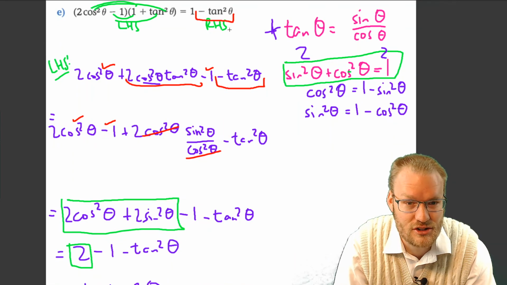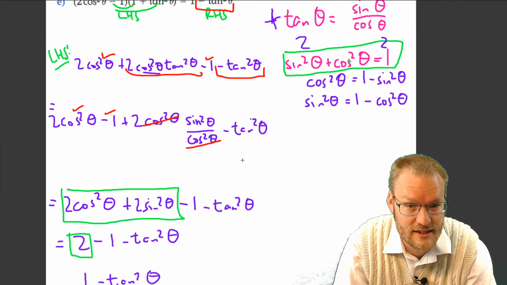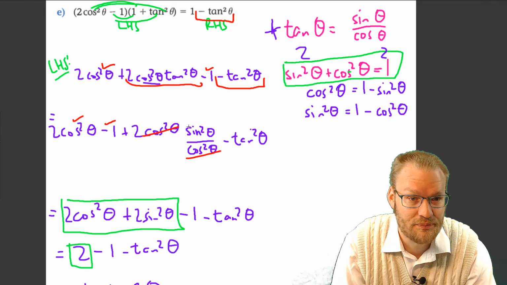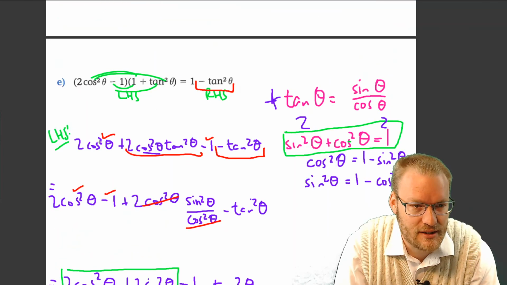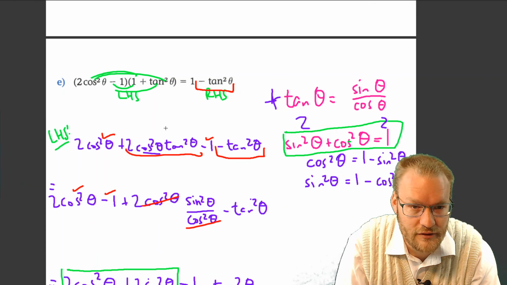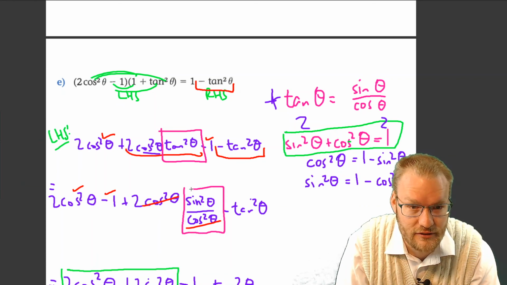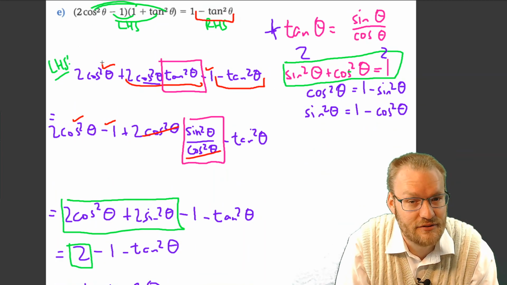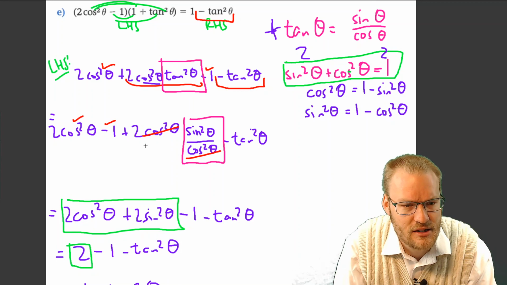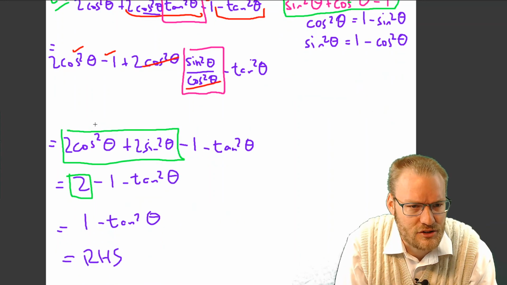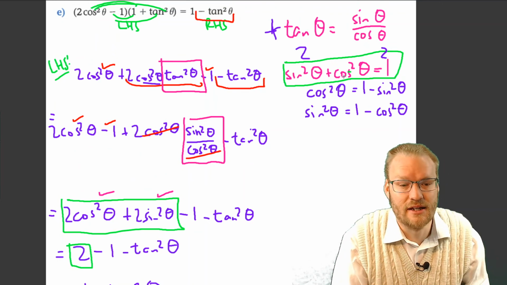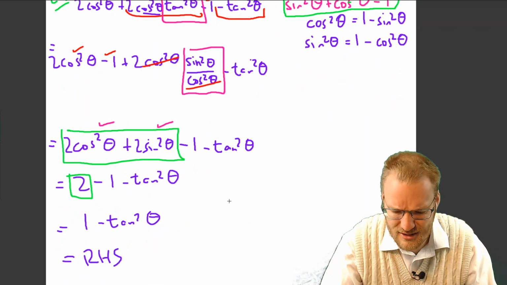We didn't change that part. But this tan squared theta over here, we changed to sine squared theta over cos squared theta because we needed to simplify the rest of the expression. We did that and we ended up with this cos squared theta plus sine squared theta, which we keep seeing again and again, and replace that. So that is kind of our strategy.